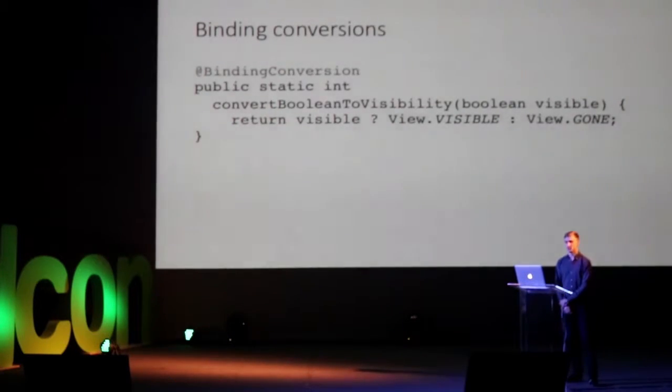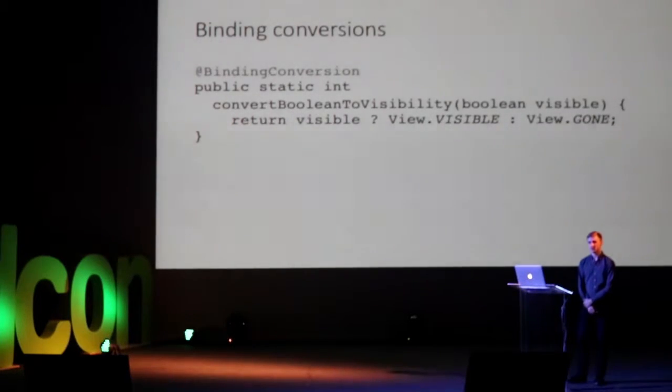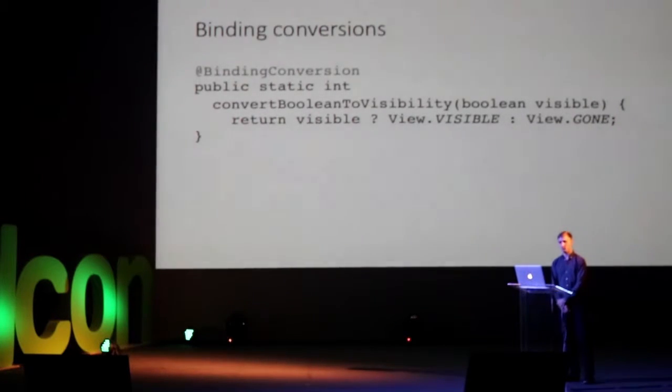Binding conversion takes in a parameter that is the type of the input that needs to be converted, and then returns the type that it needs to be converted to. In this case, I'm creating a binding conversion from Boolean to visibility. Visibility is an integer, so it returns an int. Based on the value of the Boolean, I just return view.visible or view.gone.